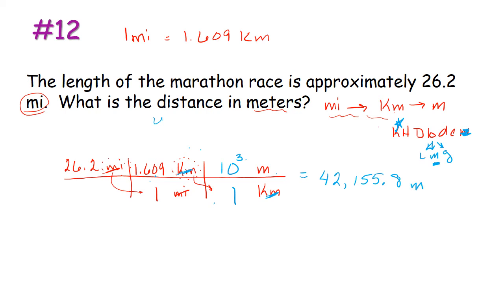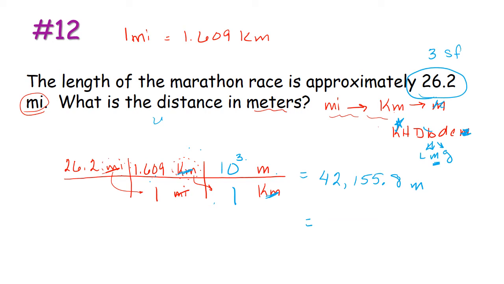Am I done? Well, if you said no, because you got to do sig figs, you'd be spot on. In this particular number, we have 3 sig figs. 26.2 has 3 sig figs, so we need to round this number to 3 sig figs. Go ahead and give it a try.